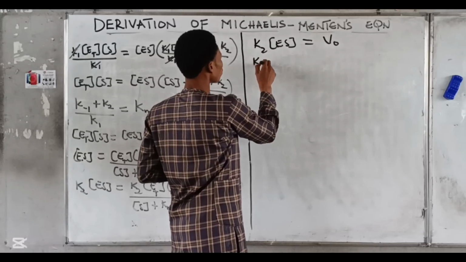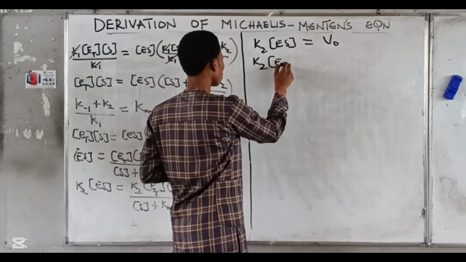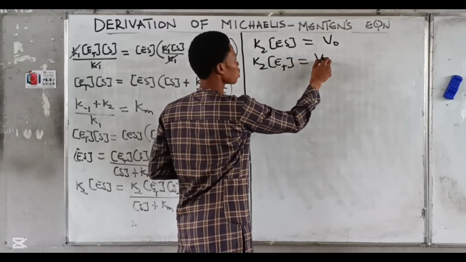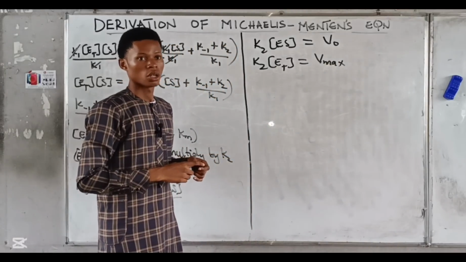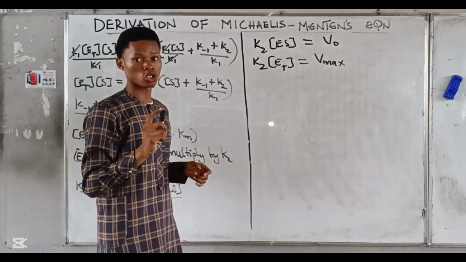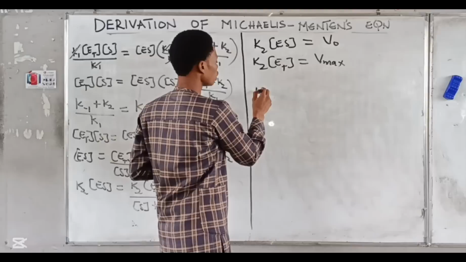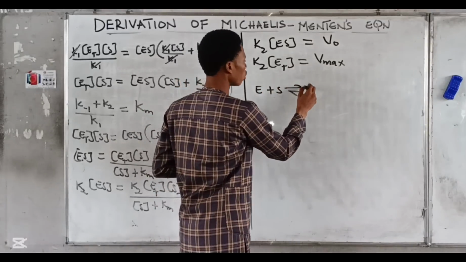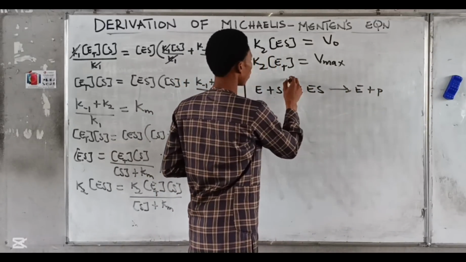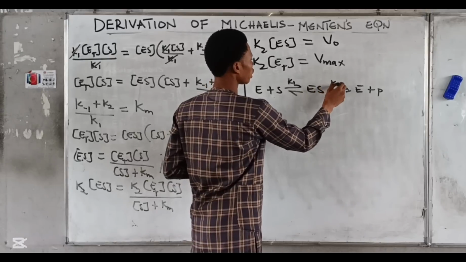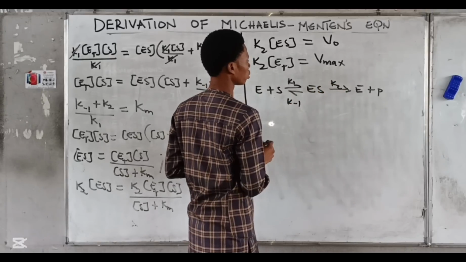Then K2 E total is equal to maximum velocity. When we started with an equation, we started with E plus S to give us ES and then E plus P, right? And we call here K1, here K2, and here K minus 1.